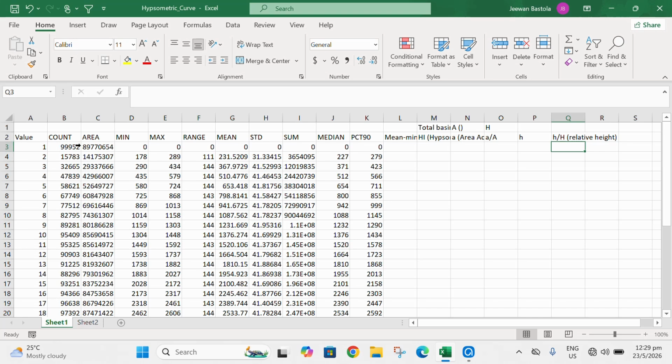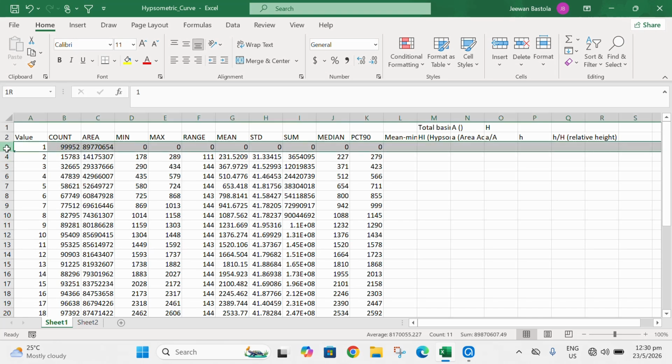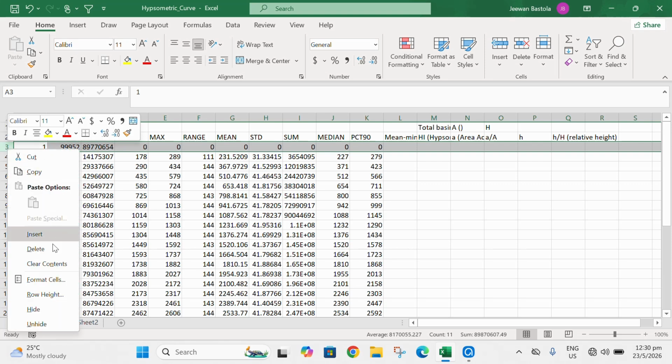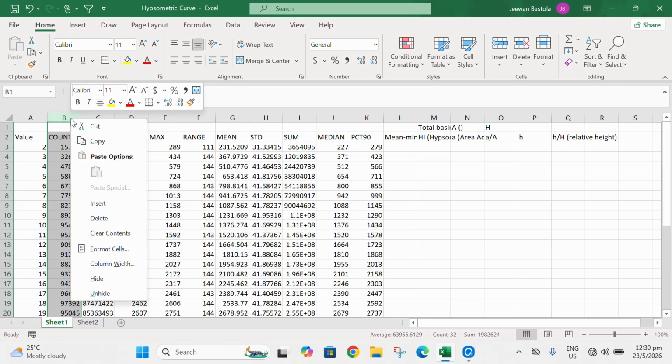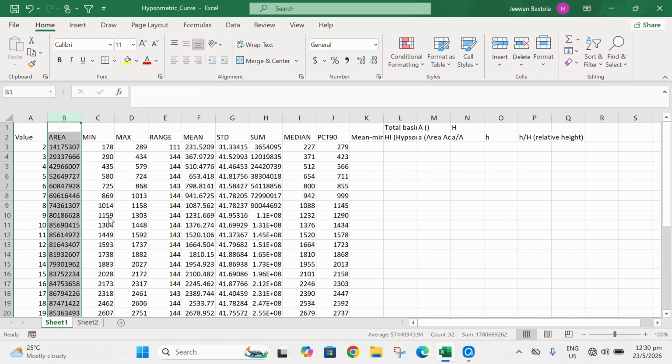First of all, you can see a zero value here, so you have to remove this in order not to have errors in the calculation. And then we don't require this count, delete this one. We also don't require the standard deviation, sum, etc.